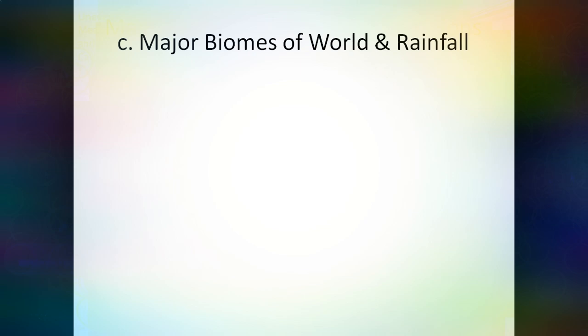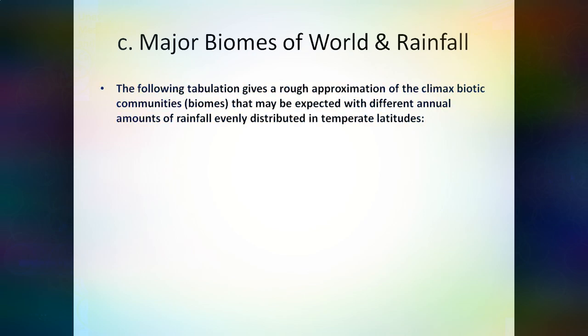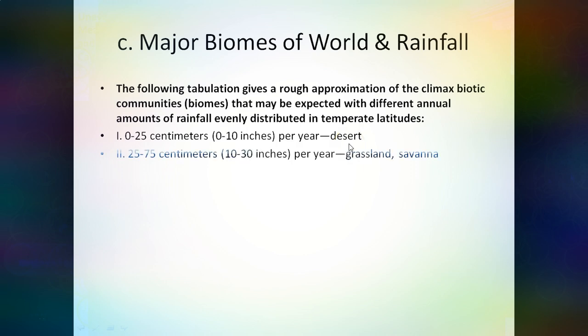Okay, now we will discuss major biomes of the world and rainfall. The following tabulation gives a rough approximation of the climate's biotic communities that may be expected with different annual amounts of rainfall evenly distributed in temperate latitudes. If the rainfall is 0 to 10 inches per year, then the community that can be expected is desert.